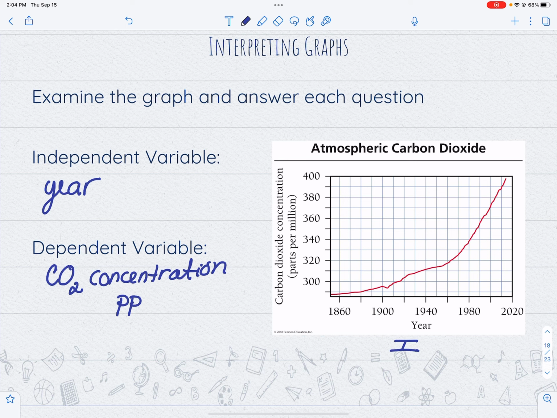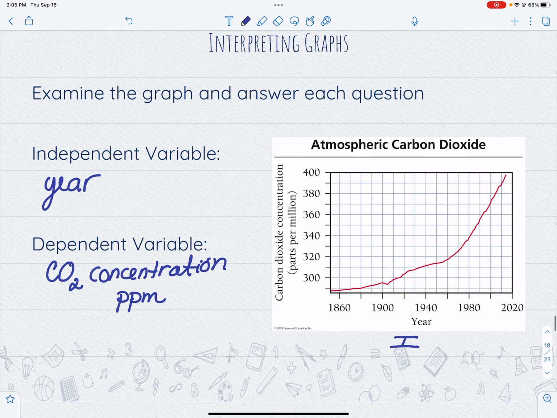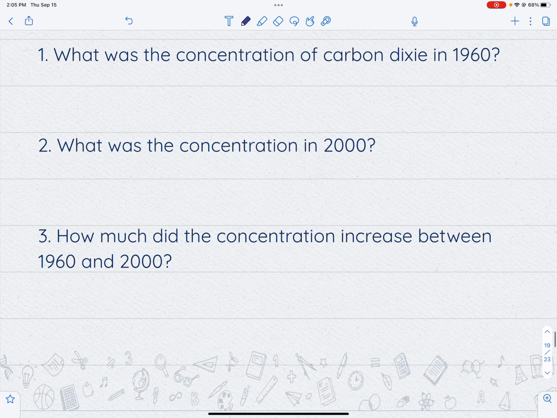It's parts per million. That can be abbreviated with a lowercase p, lowercase pm, ppm. So then we have some questions as a result of looking at that graph. Maybe you can pause the video, try to answer questions 1 through 3, and then unpause the video and see how you did.